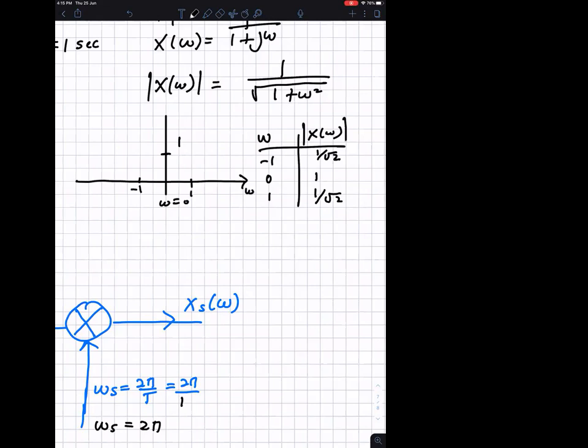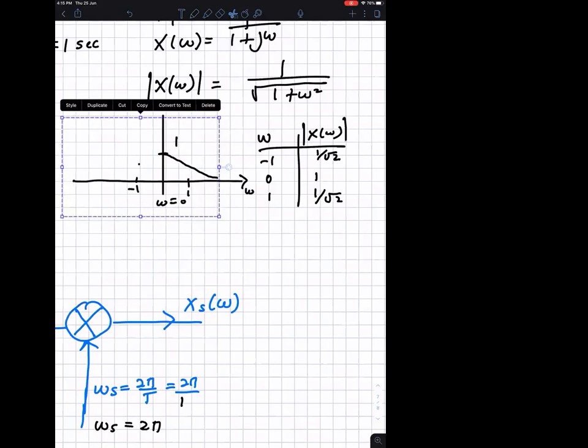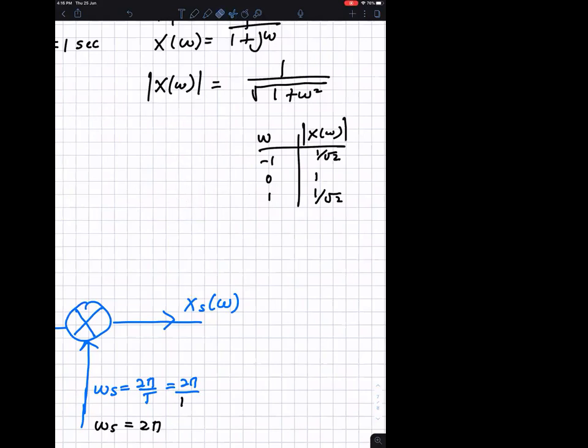If you continue to sketch this, it's going to be like this. Maybe I should sketch it in a more elaborate manner, really big, so that you can understand the nature of this signal.